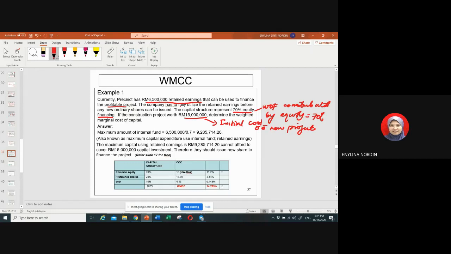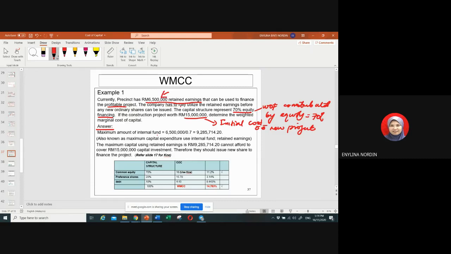So look at the answer. How are we going to deal with this situation? The available retained earning for the new project is 6.5 million here.